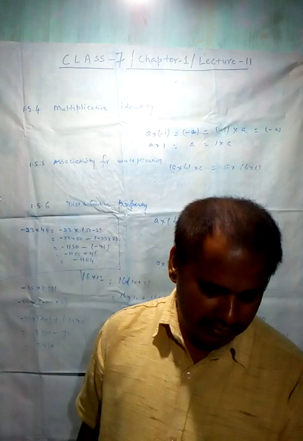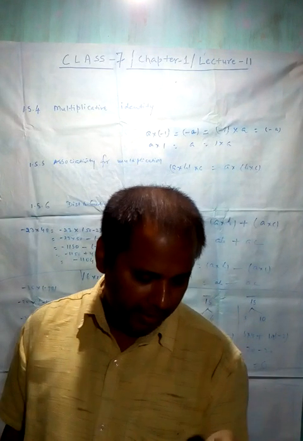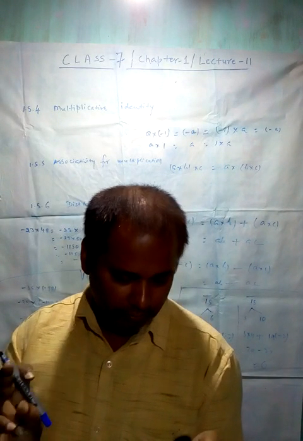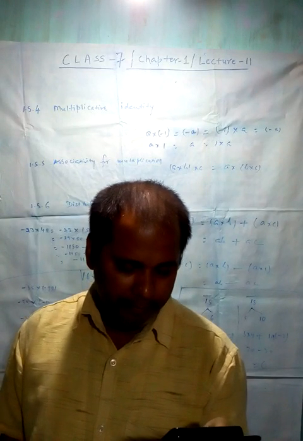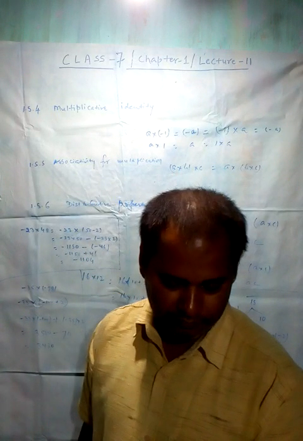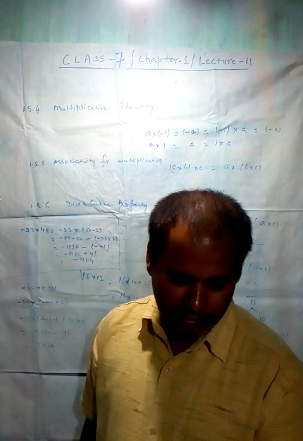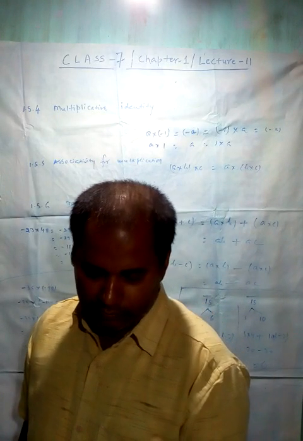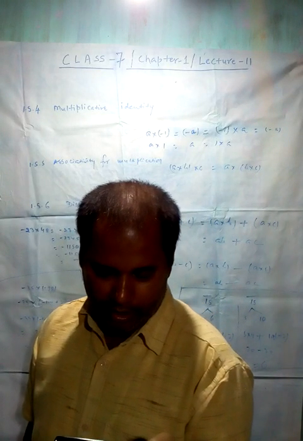Again, see the question. An elevator descends into a mine shaft at the rate of 5 meters per minute. Part number 1: what will be its position after 1 hour?